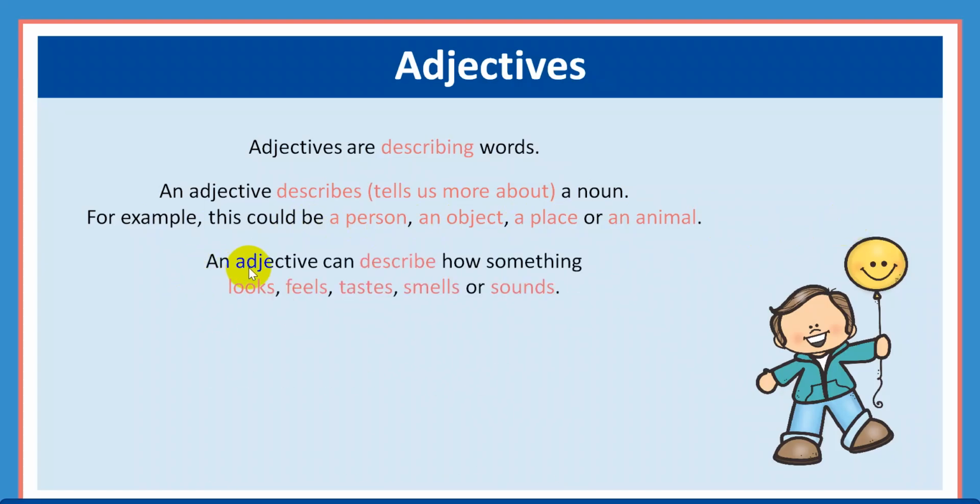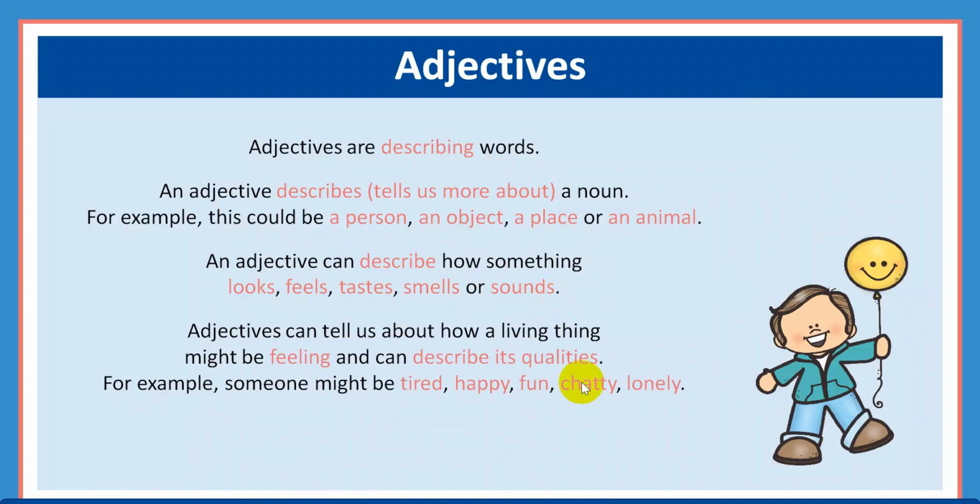An adjective can describe how something looks, feels, tastes, smells, or sounds. Adjectives can tell us about how a living thing might be feeling and can describe its qualities. For example, someone might be tired, happy, fun, chatty, and lonely.